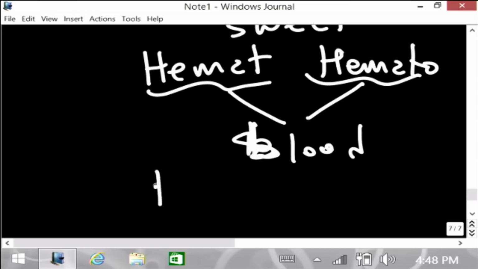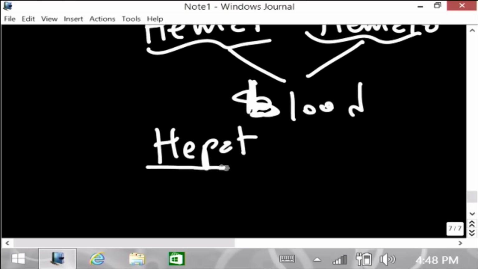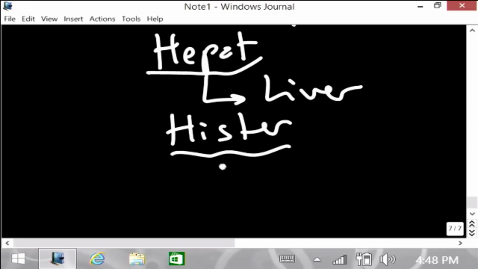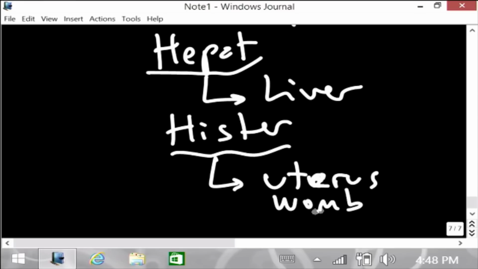Hepat as a prefix refers to liver. We looked at this one already. Hyster, like hysterectomy, it refers to uterus. Okay, the womb, the matrix, basically.